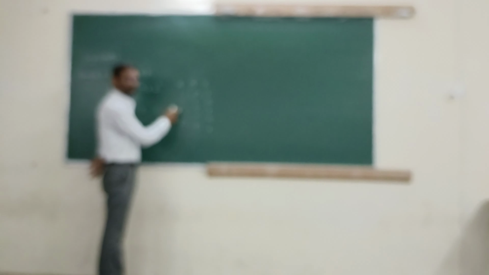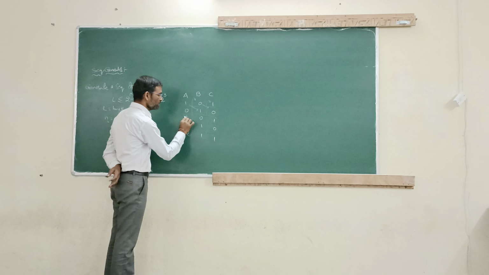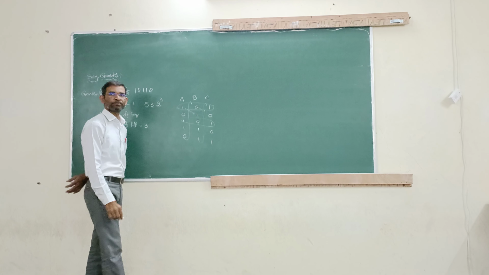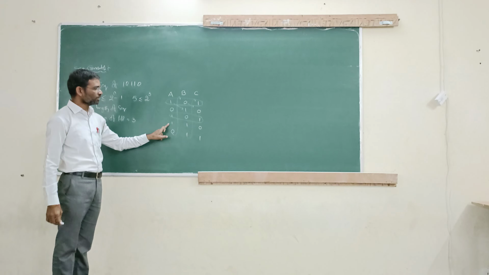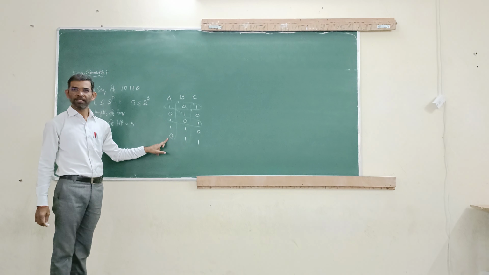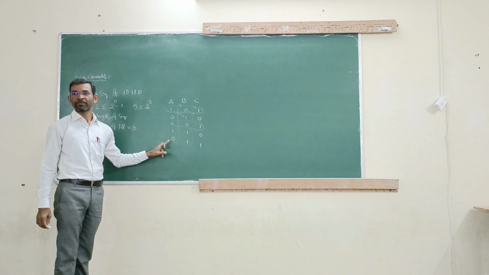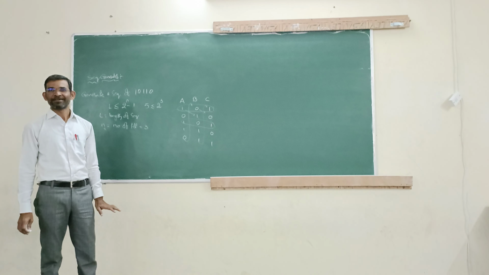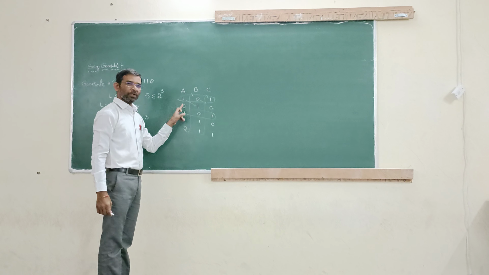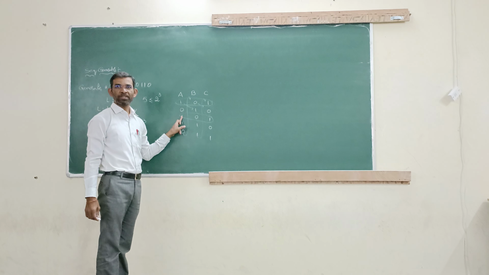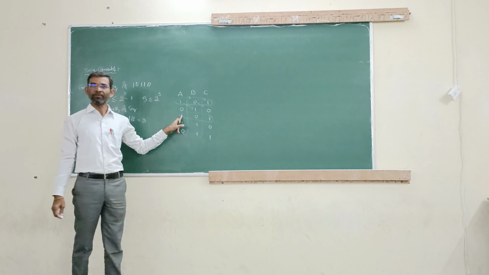Next one is 101, so this sequence and this one, these two, are the same. Is it clear? Next we don't have any, and the next also is not equal. Here we have 2 sequences repeated.